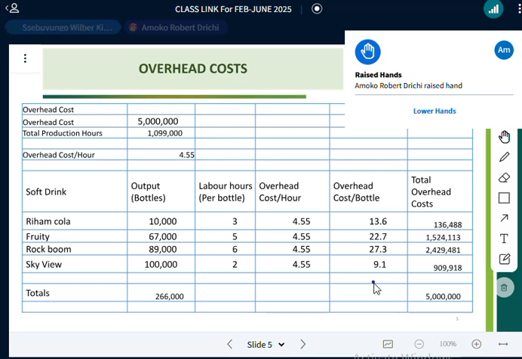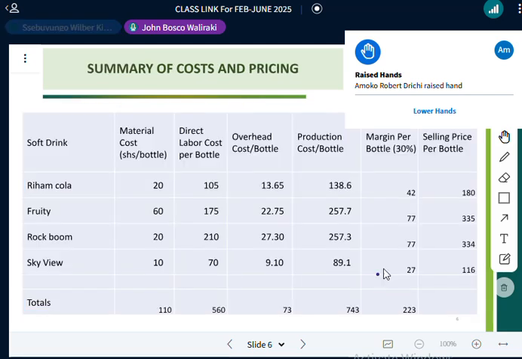So those are the three aspects that we have in coming up with the total production cost: material cost plus direct labor cost plus overhead cost per bottle. Each of them should be per bottle.